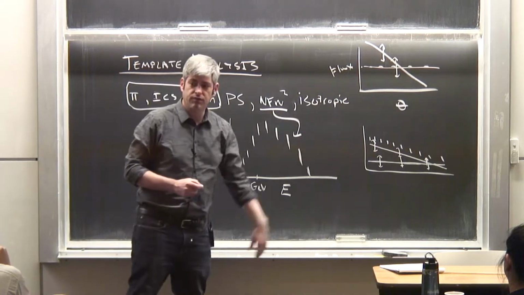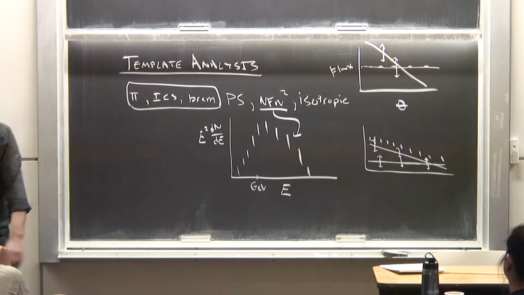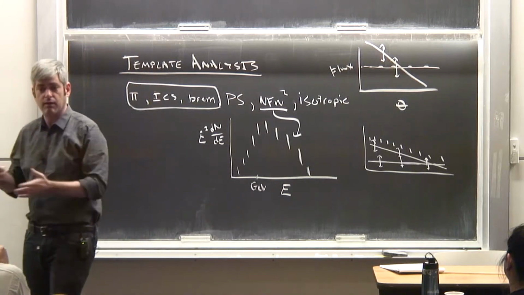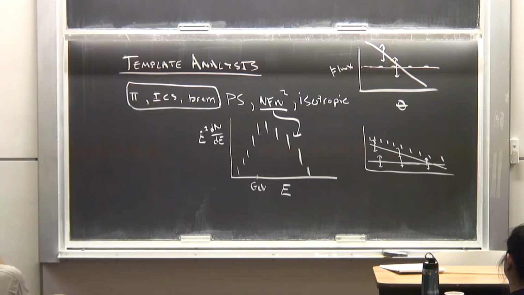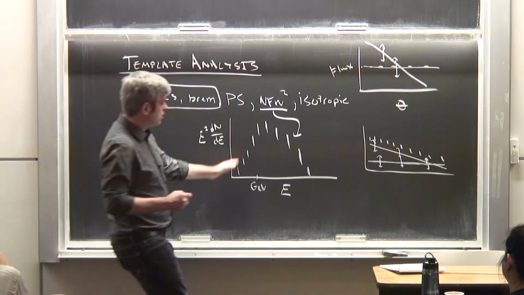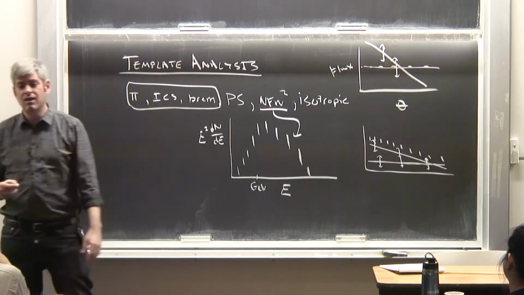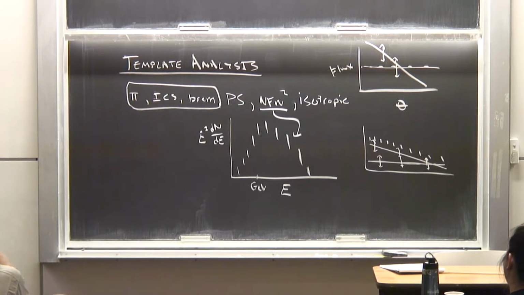Isotropic is straightforward enough. And then we took this template and we considered departures from NFW. We had degrees of freedom in that. And then we did it truly independently in each energy. One thing you might worry about is if this didn't give you a smooth line, or if any of these templates had non-smooth spectra, that would tell you there's probably something buggy about what you're assuming about your templates.